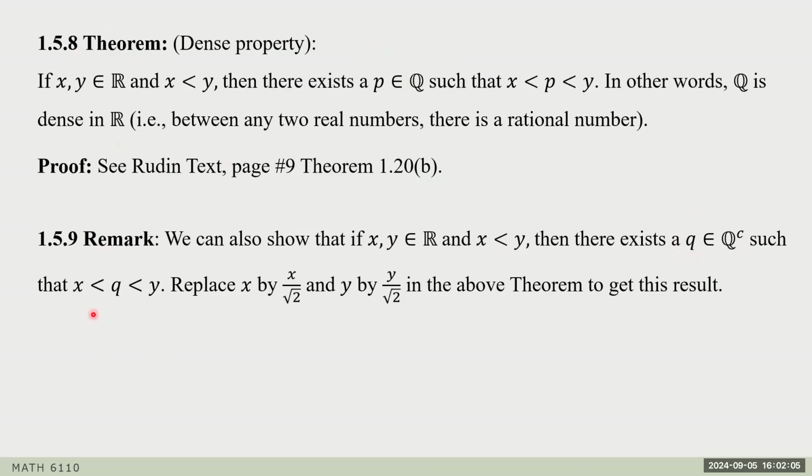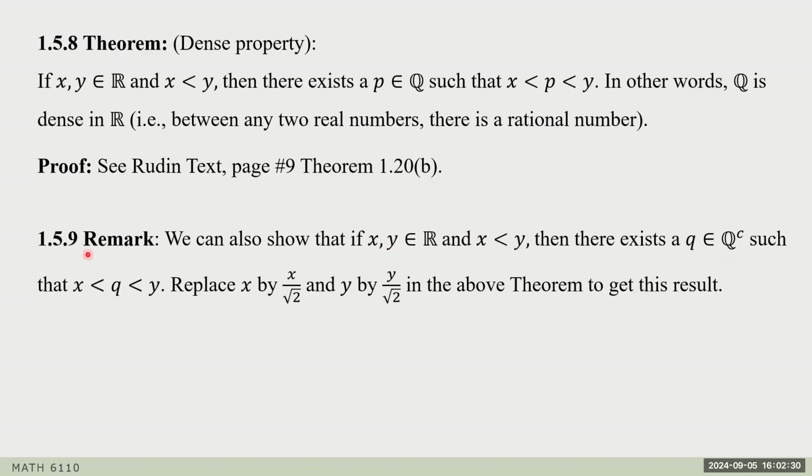So if you pick any two real numbers, those x and y, they have to be either rational or irrational, right? But it doesn't matter what x and y you come up with. Between those two numbers, you will always find a rational number and an irrational number.